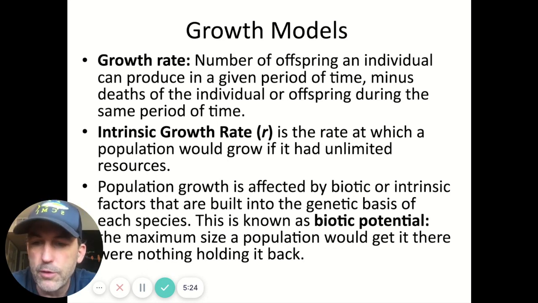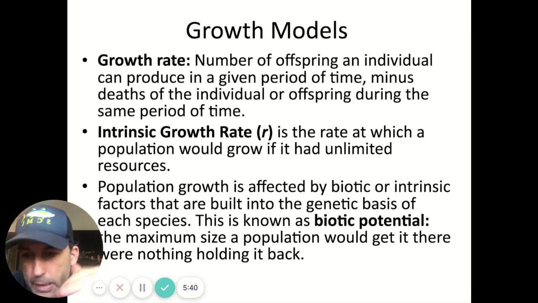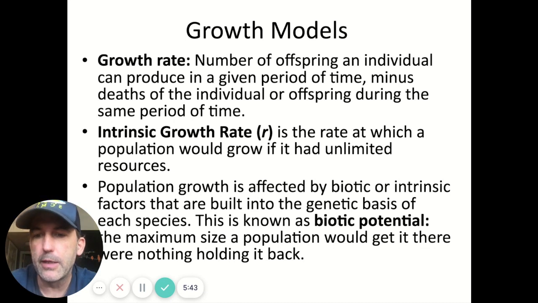And then, of course, in the real world, population growth is affected by competition, a number of different factors, abiotic and biotic. Biotic potential, of course, is if there were no limits and no factors curbing population growth, what would be the maximum size a population could reach?